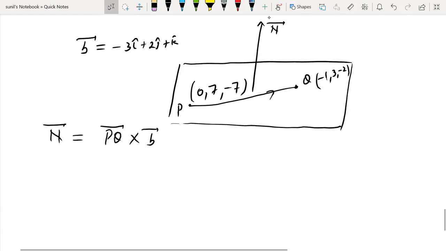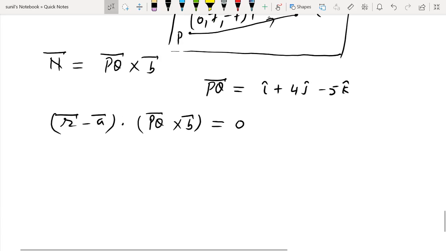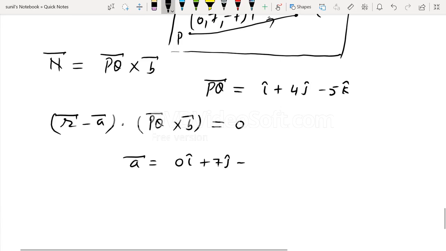Now we can obtain PQ vector as simply i cap plus 7 minus 3 is 4j cap minus 7 plus 2, that is minus 5k cap. Now b vector is already there. Now the equation of such plane will be (r minus a vector) dot (PQ cross b vector) has to be 0. Now a vector in this context is simply 0i cap plus 7j cap minus 7k cap.